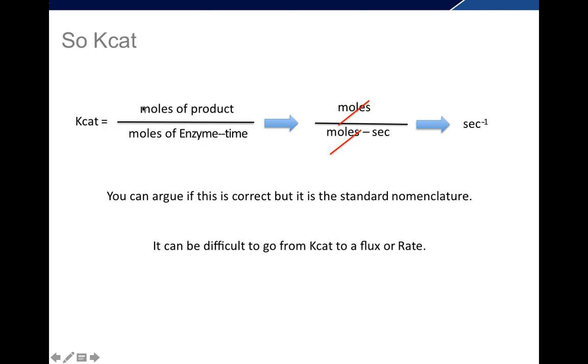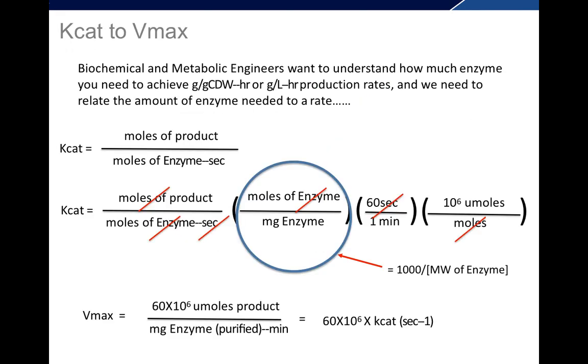So the numerator is a mole of product, and the denominator is a mole of enzyme, right? You can argue this is correct or not correct, and I'm not going to get into that argument, but this is the standard nomenclature. But if you just have per second and you miss moles of product and moles of enzyme, you can't really go from a kcat to a Vmax or a specific rate, right? Or it's more difficult to remember how to do it.